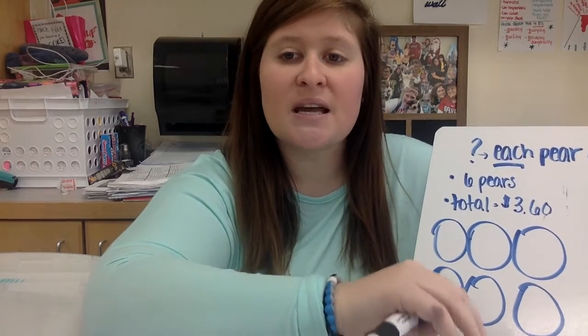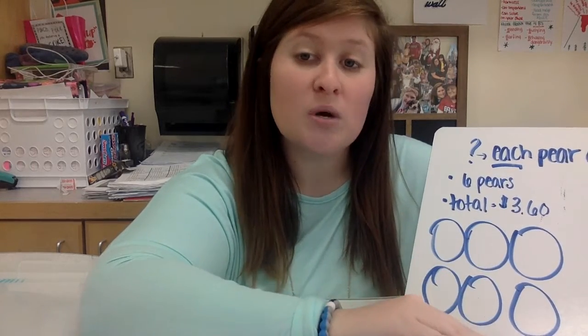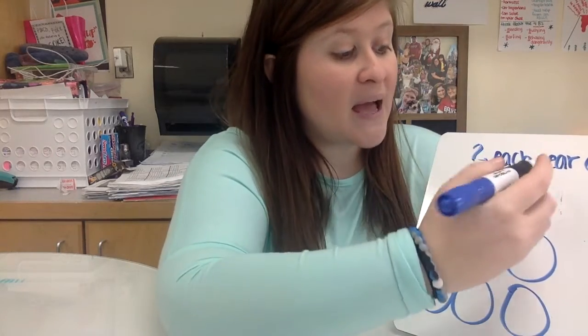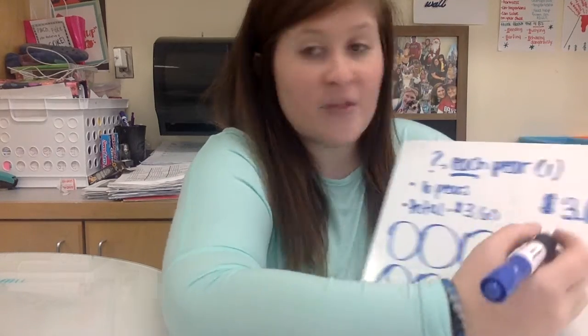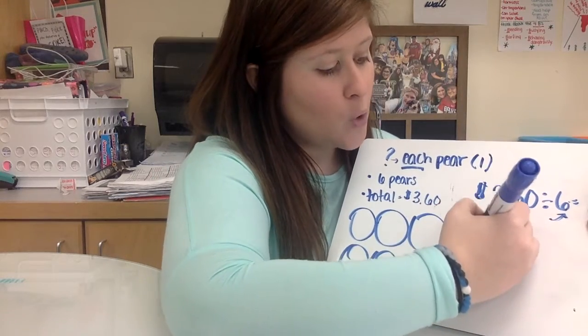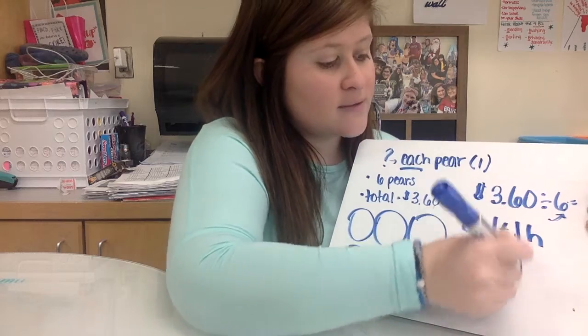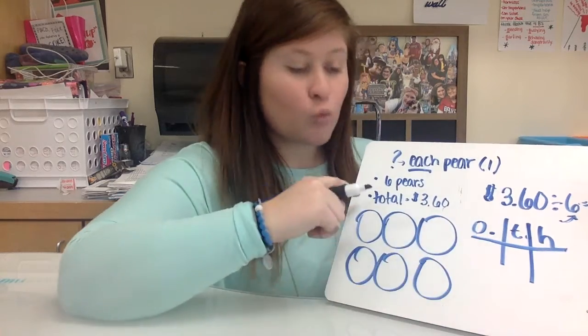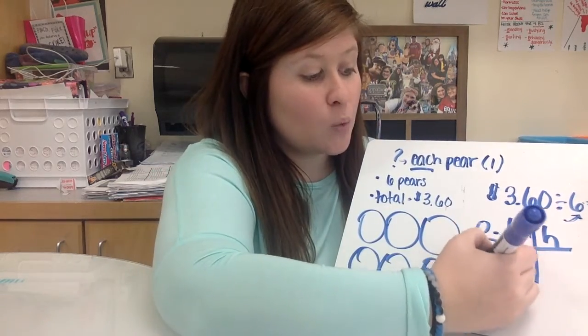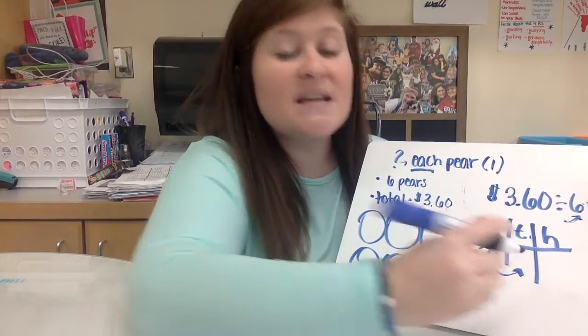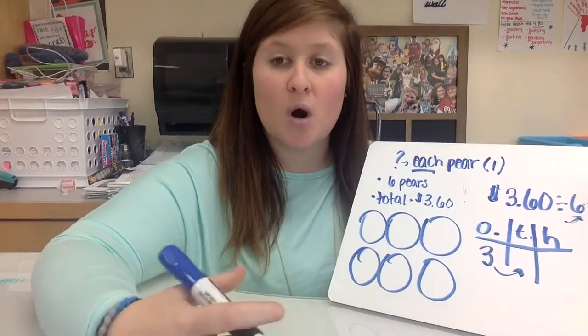So I've got to start thinking in my mind, what could I do to help me get here? Well, I could go ahead and exchange. So I'm going to think about my place value chart: ones, tenths, hundredths. Right now I have 3 ones, and I want to move those to the tenths place so that I have more to work with.